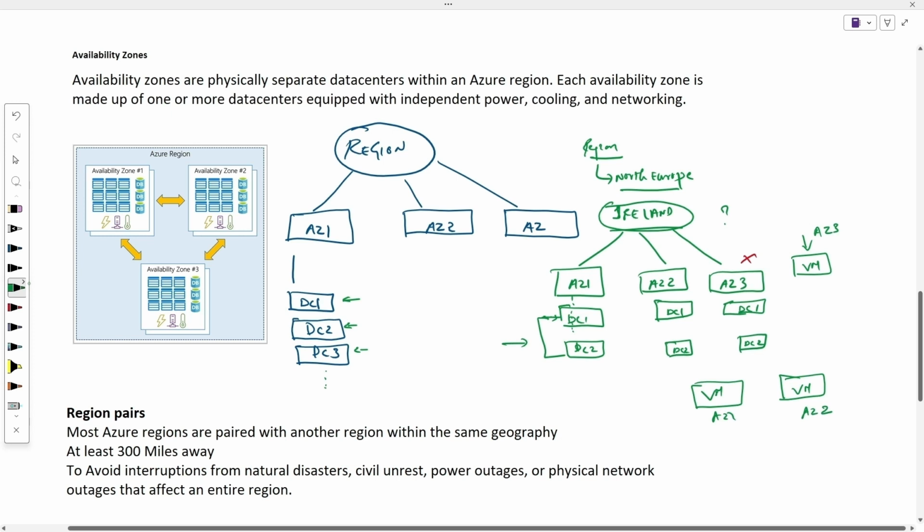Since you have provisioned your virtual machine only in availability zone 3, if there is an outage of availability zone 3, then this particular virtual machine will not be available. So this will be offline. And whatever services you have hosted on this virtual machine, it can be a web application, web server, or anything which is interacting with the user, will be offline and there will be no connection to the virtual machine.